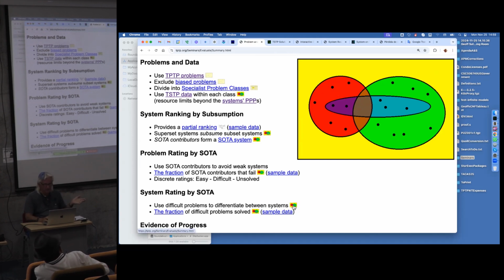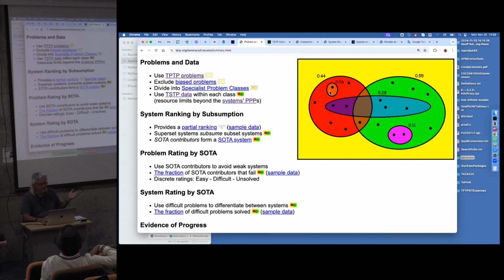I say, what do we do? So we were here. What I do now is take away the very easy problems. I take away the very difficult problems. So now we have just the middle ones. And then we can see, for all the systems, what fraction they solved. This guy only solves 6%.